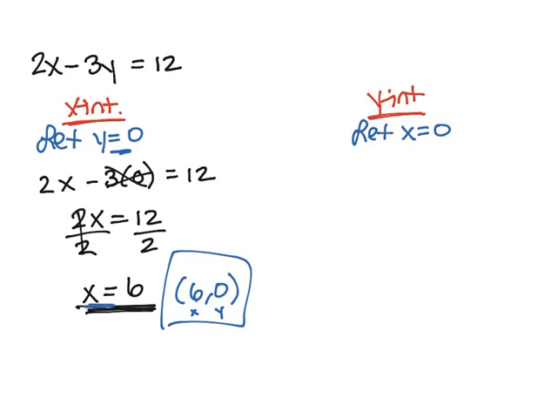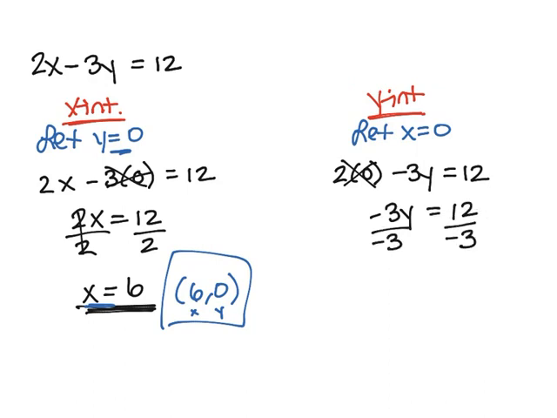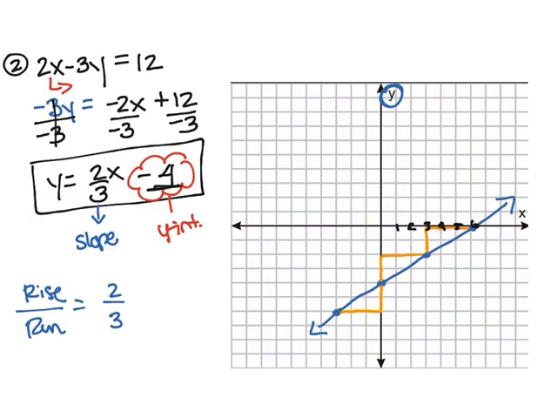So if I let x be 0, that means that where x is, you plug in a 0, which technically means it's gone. So we just have negative 3y equals 12. And when you divide by negative 3, y is negative 4. And if you remember, that's what we got when we put it in slope-intercept form. And that's that y-intercept at negative 4.